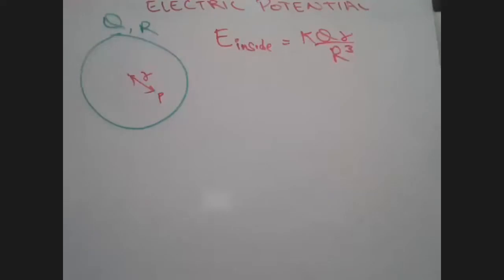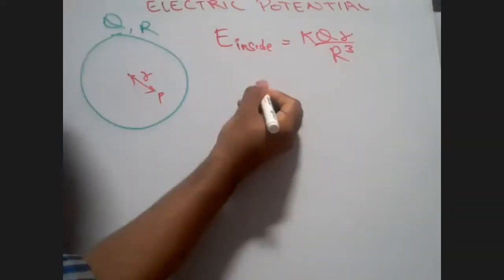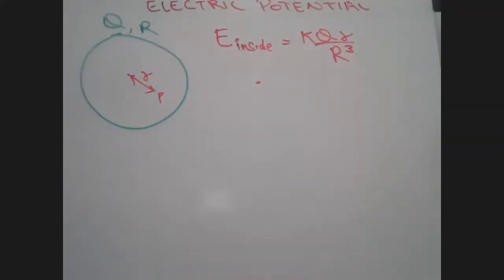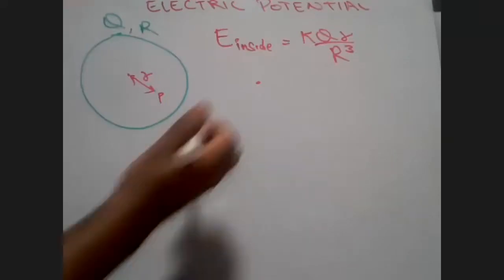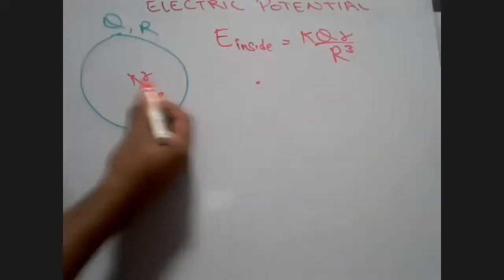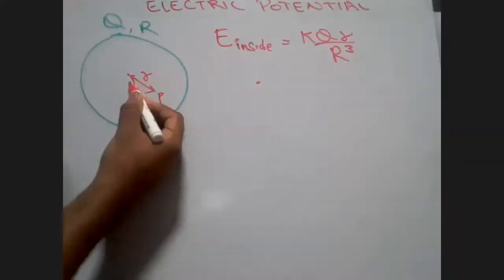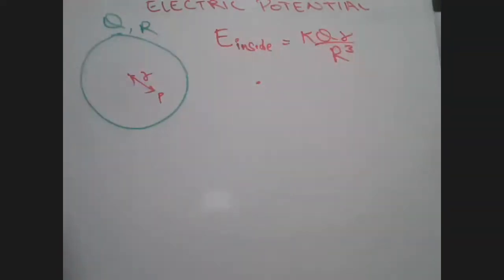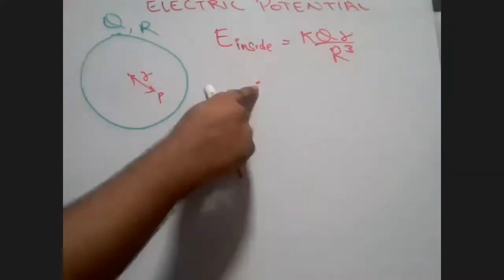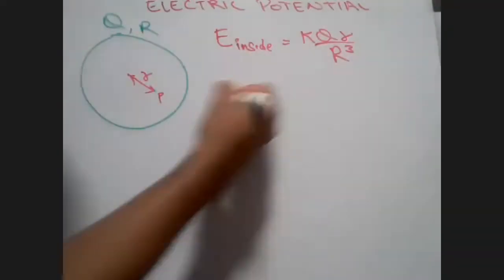Do you remember what we did this morning? The point came from infinity, up to a point at distance small r. Now if I take this same point and put it inside, it has come from infinity only.